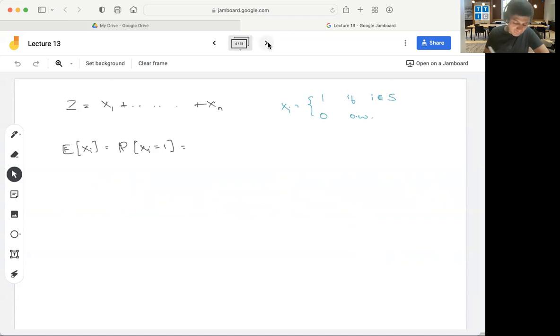So if we picked i, Xi is 1. Whether we pick i or not really depends on where it might be in the ordering.